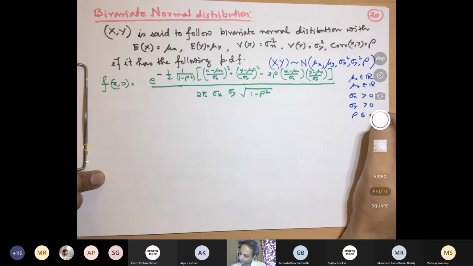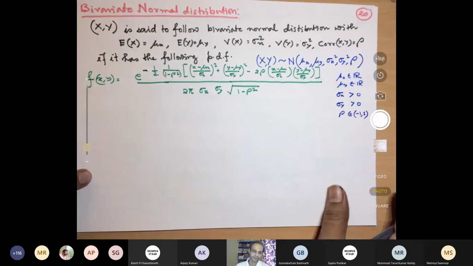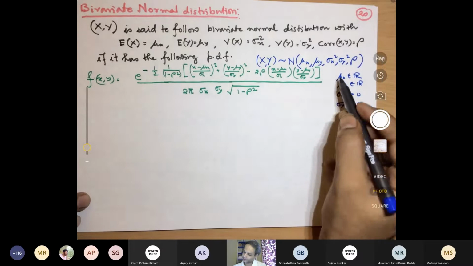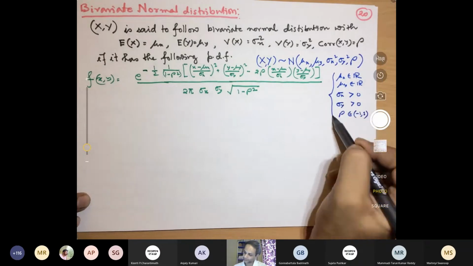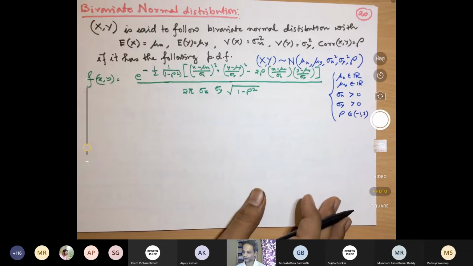Let us consider the open interval minus 1 to plus 1 for the time being, such that no trouble is there. So these are the specifications that we need. Already we have shared the PDF, and we will discuss that.